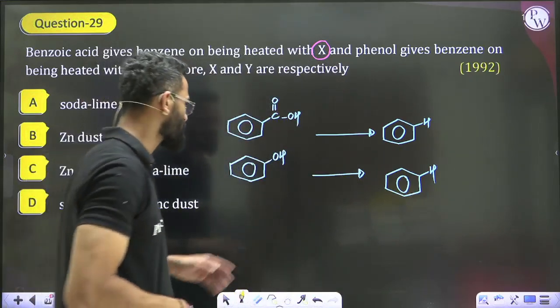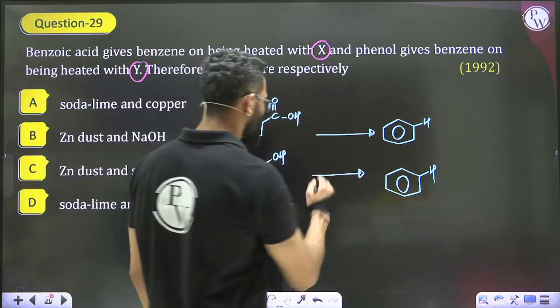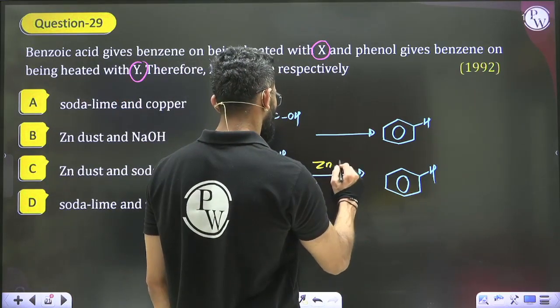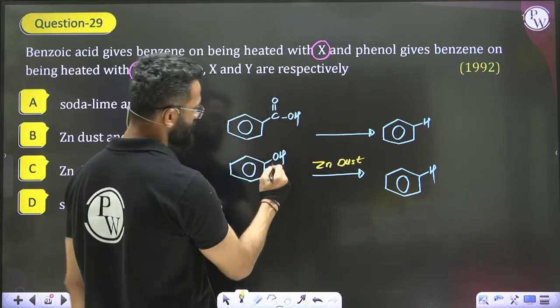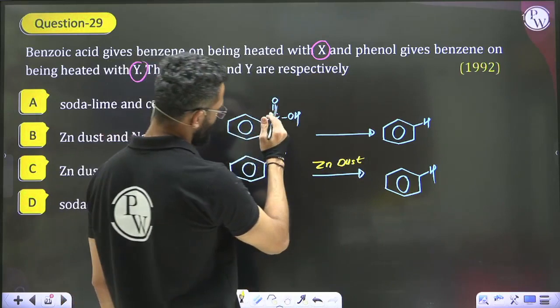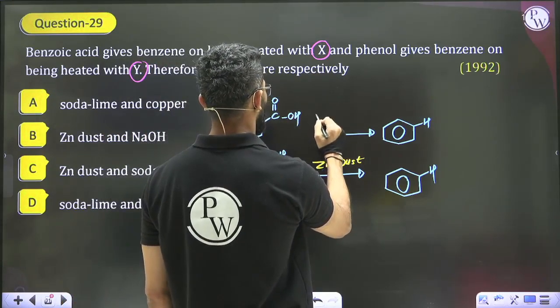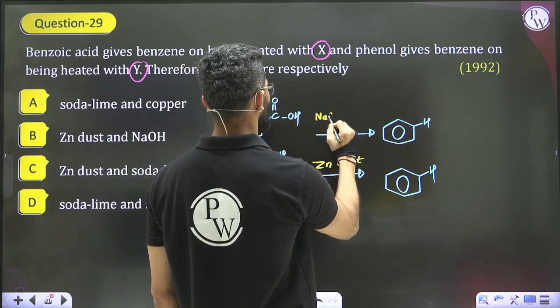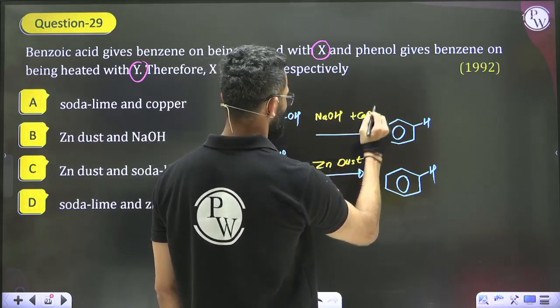We know the process for converting phenol into benzene. It's a reduction where we heat phenol with zinc dust. So zinc dust, being a reducing agent, will just take away oxygen and you'll get benzene. And the first one, benzoic acid upon reaction with a mixture of NaOH plus CaO, which you call soda lime, in 1:3 proportion.